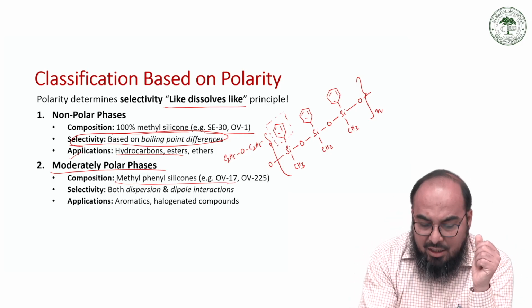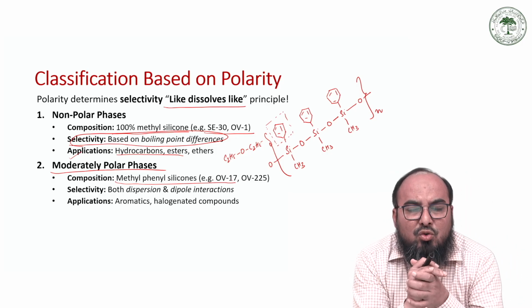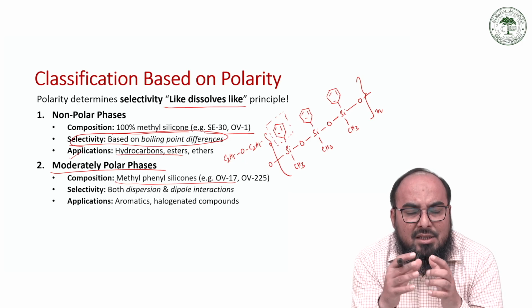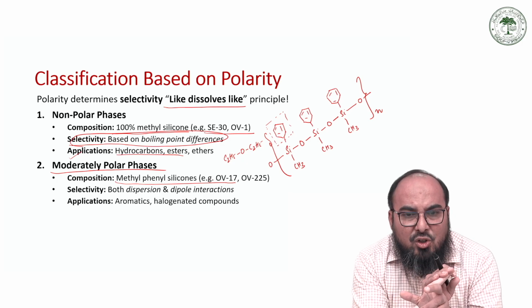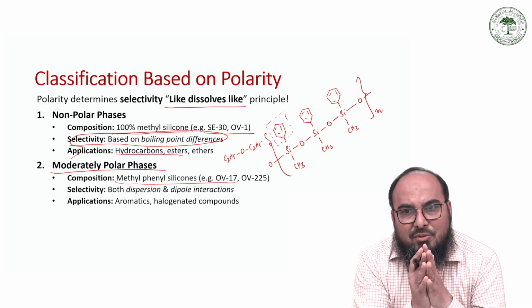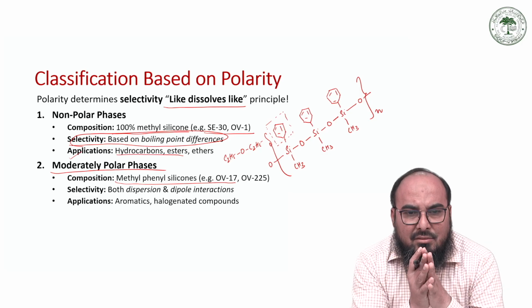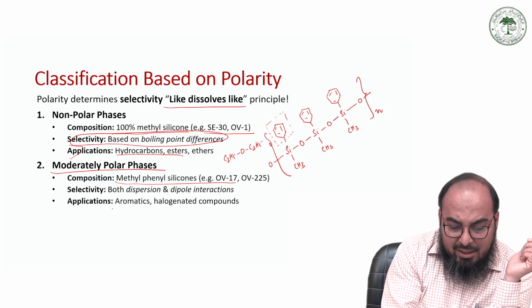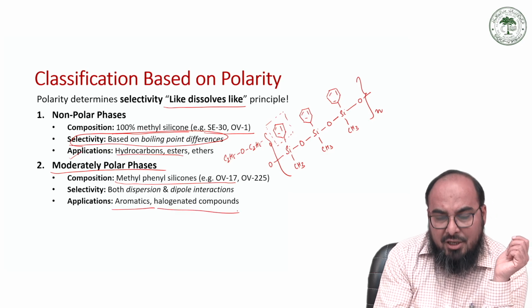The trade names are OV17 and OV225. So here the selectivity is that dispersion also comes into play and the dipole interactions also come in. That is the pi-pi interaction. So this is good for the separation of aromatic compounds or halogenated compounds.